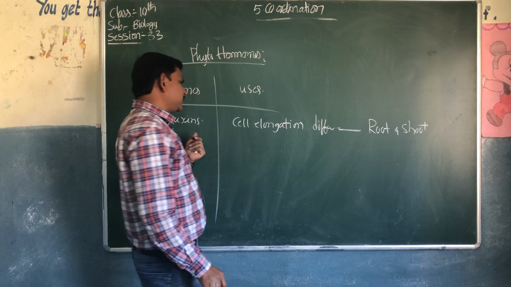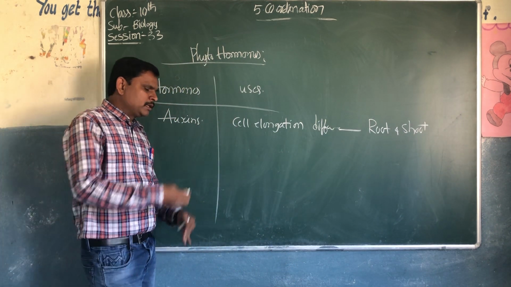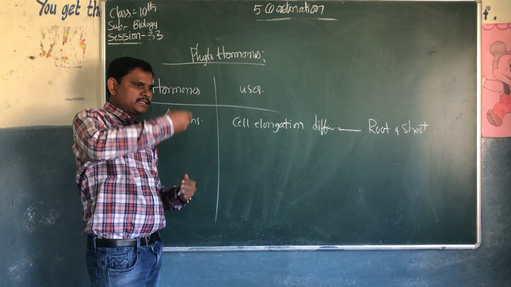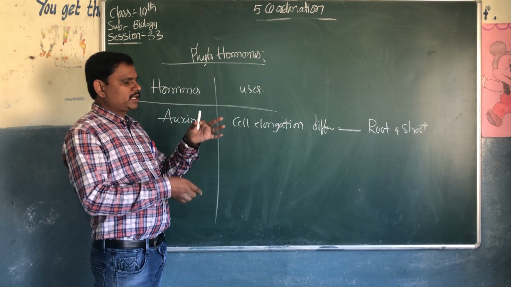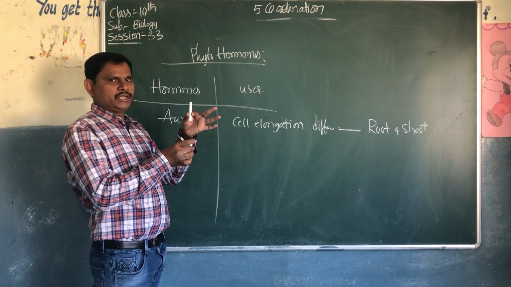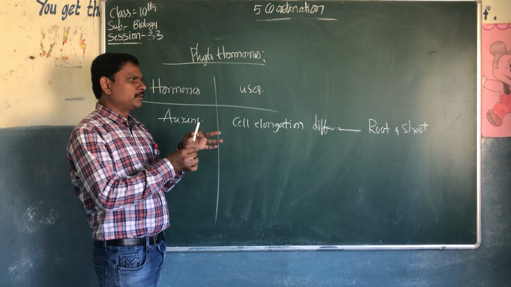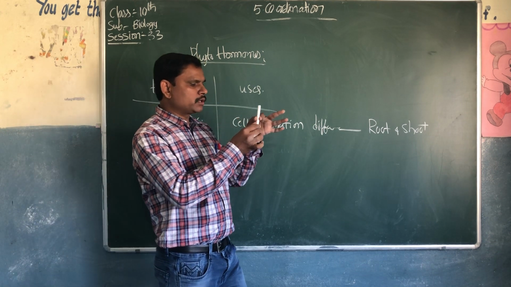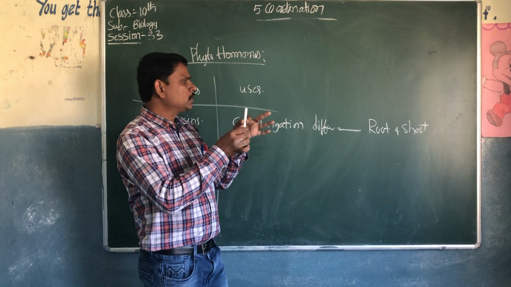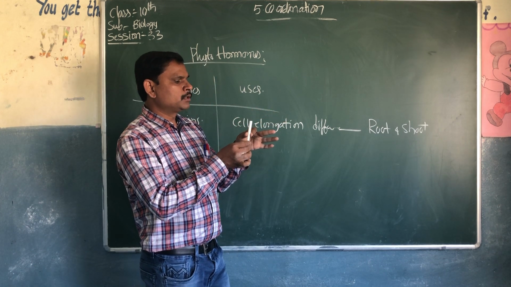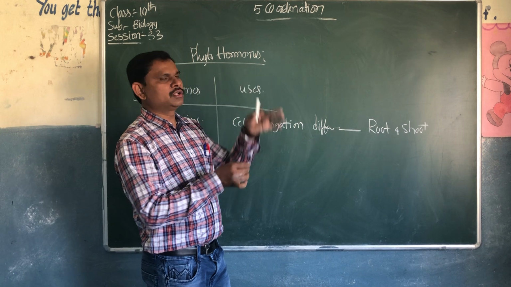Because of auxins, the cell is growing and we can see the cell elongation. We can differentiate between the root system and the shoot system. Roots always grow toward the gravitational force. Shoots always grow opposite to the gravitational force.